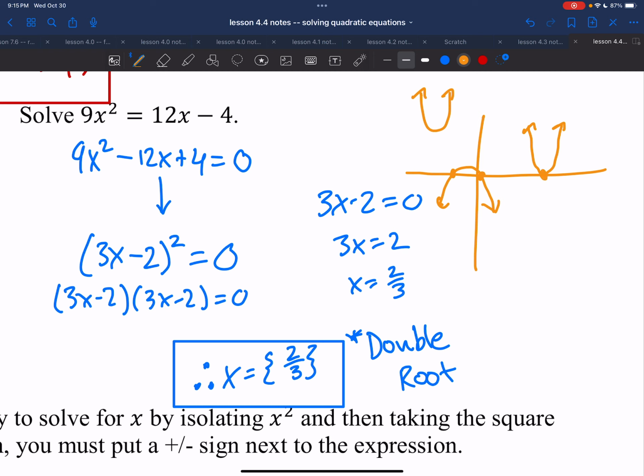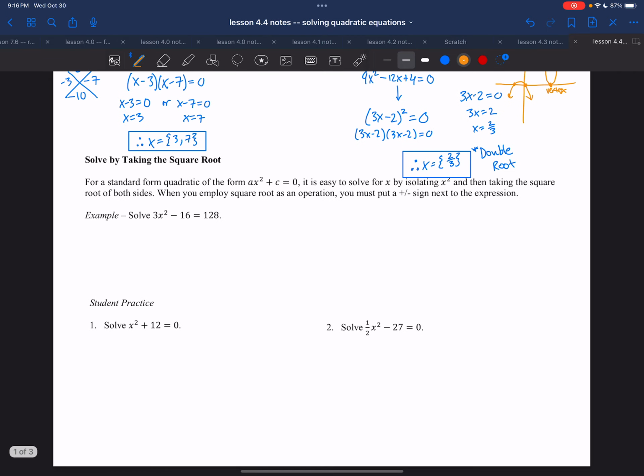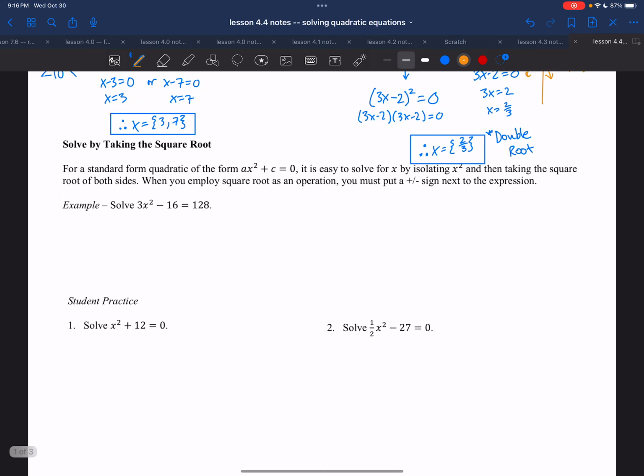And the only way for that to happen is if the root is the vertex. Well, hey, that's interesting, right? The only way for that to happen is if the root is the vertex. Interesting, right? Neat. I like that. Cool. Okay, let's move on to the next strategy.